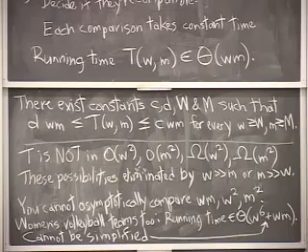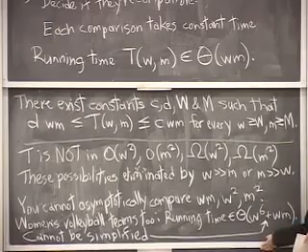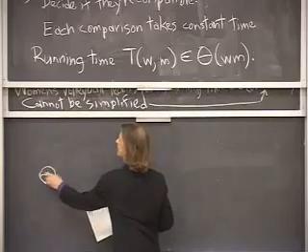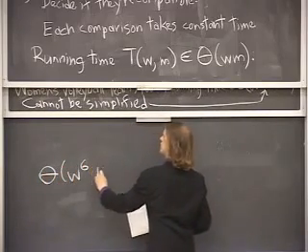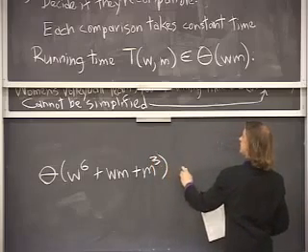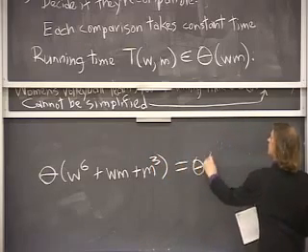Question in the back. With M cubed? Well, okay. It is true that yes, if I had theta of W to the sixth plus WM plus M cubed, it is true that I could drop the WM term.